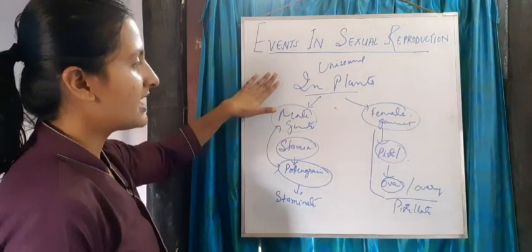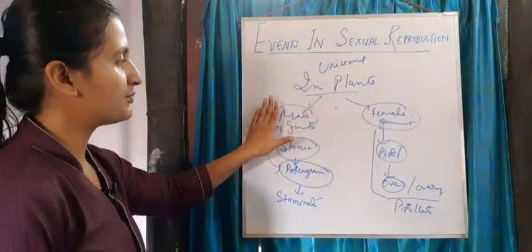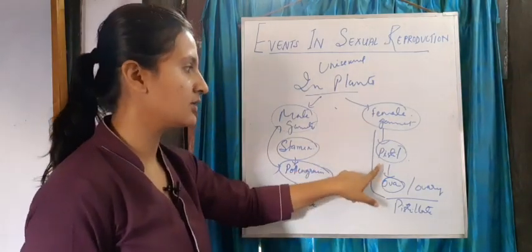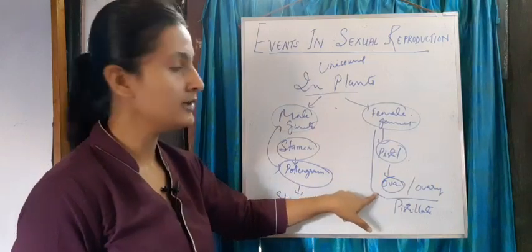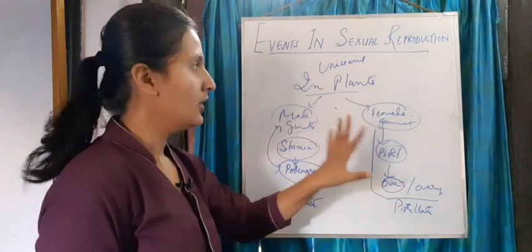So in unisexual plants, those which produce male gamete are called staminate, and those which produce female gamete, that is ova or egg, are called pistillate. Am I clear?